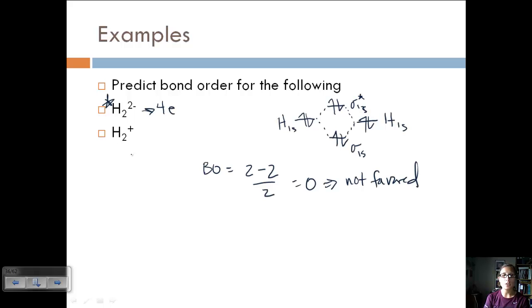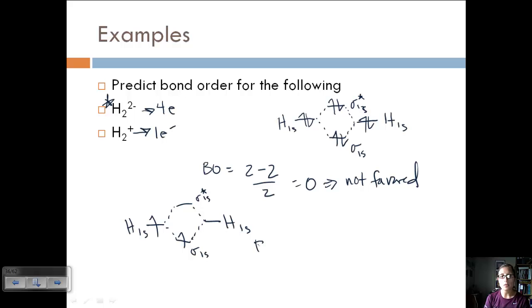Then if we look at H2+, here we've got 1 electron, because each hydrogen donates 1, but then the plus means it lost 1, so that's 1 electron. We've got our H1s and our H1s, and we only have 1 electron, so that has to fill our lower energy orbital, and this is our higher energy, but we don't have any electrons left.